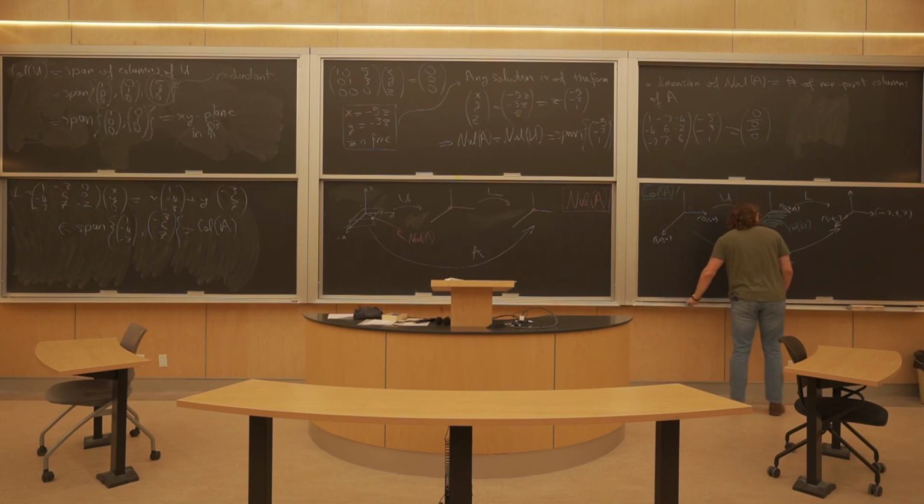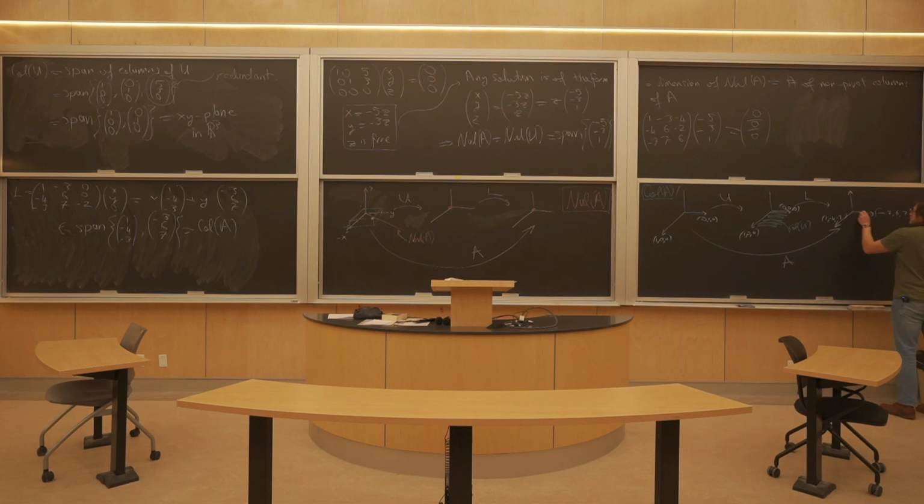And if I use these vectors, now this is the column space of A. Okay, yeah.